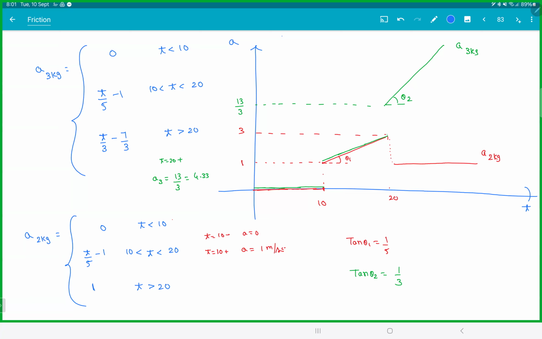I got 20 minus, 20 plus, meaning only it is undefined. It is a point. Clear? That's why we call it a discontinuous function.